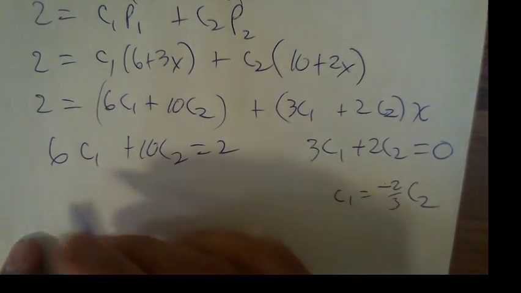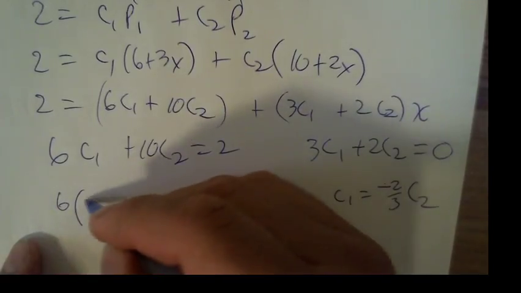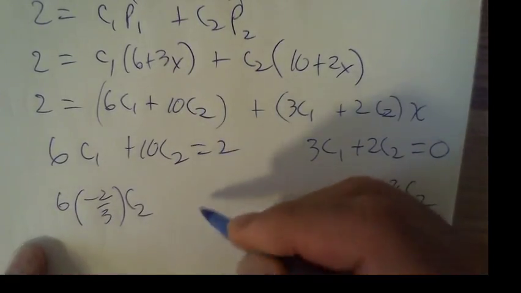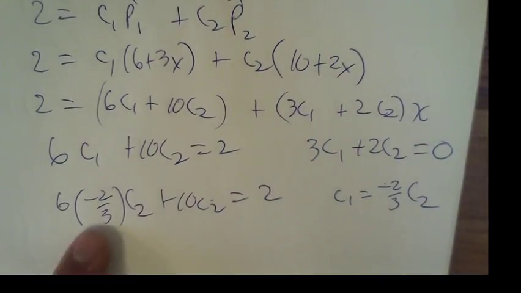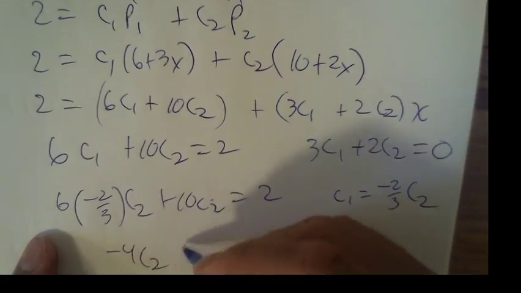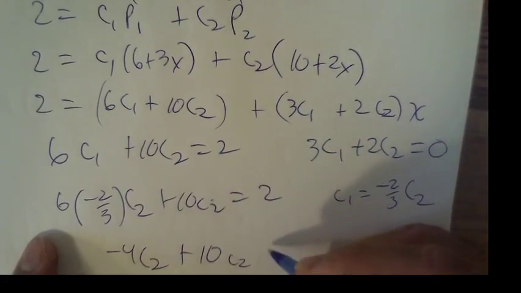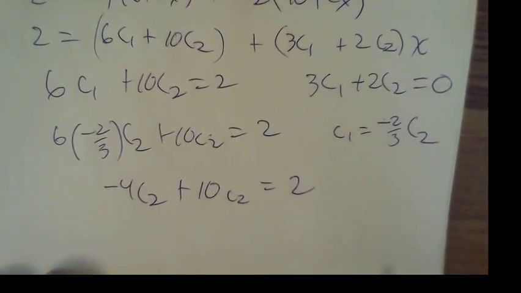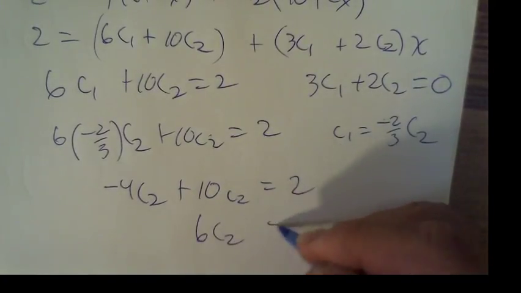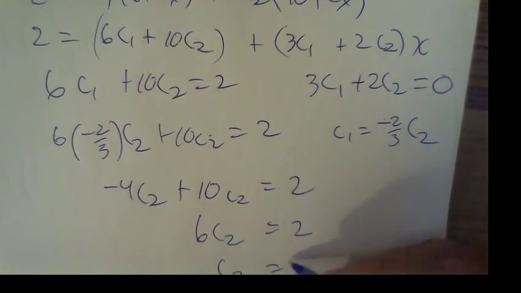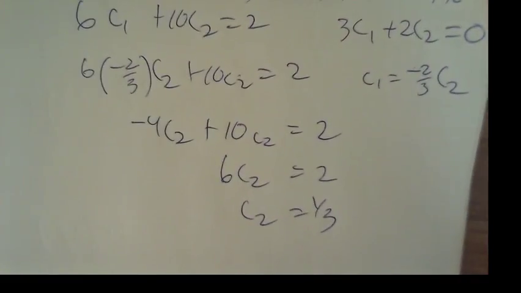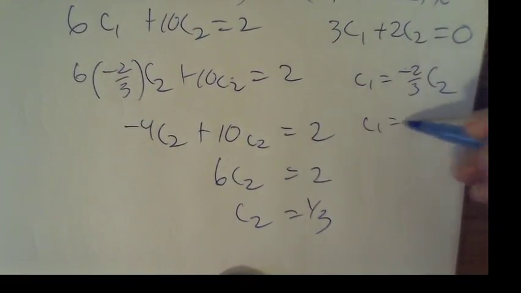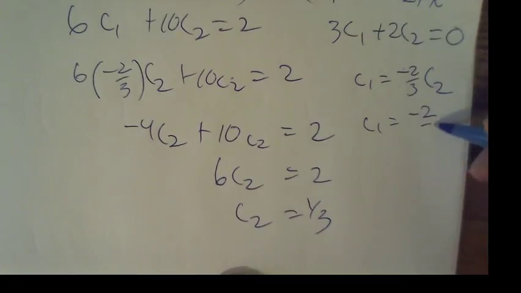And then plugging that in here, we get 6 times negative 2/3 C2 is equal to 2. Okay, so we get C2 is equal to 1/3, which means C1 is negative 2/9.